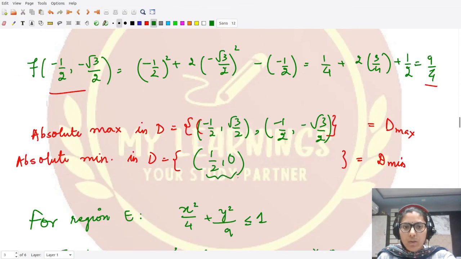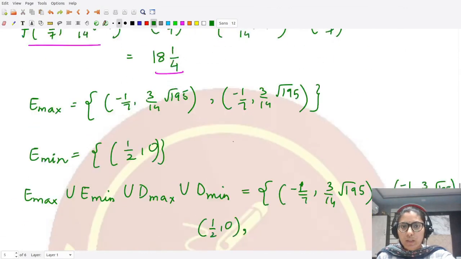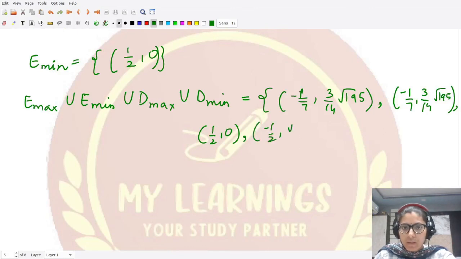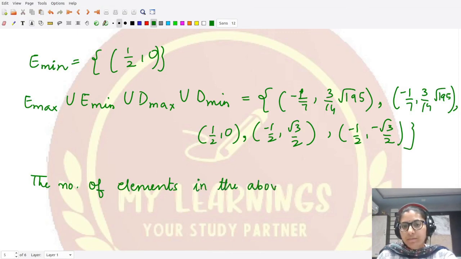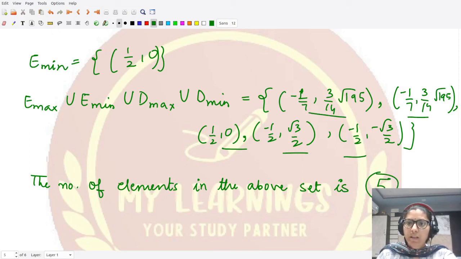This point is already noted, so we'll be skipping this one because we are taking the union. The other points are minus 1 by 2 and square root 3 by 2, and minus 1 by 2 and minus square root 3 by 2. We are required to find the number of elements present in the above set. How many of them are there? The number is equal to 5. So we have 1, 2, 3, 4 and 5 members in this particular set. So the answer here is 5.